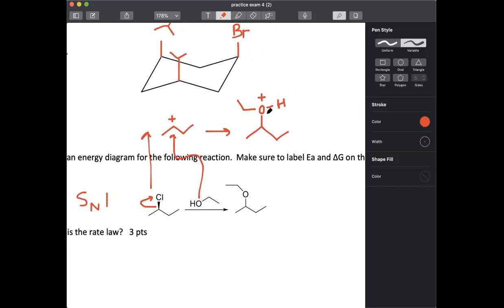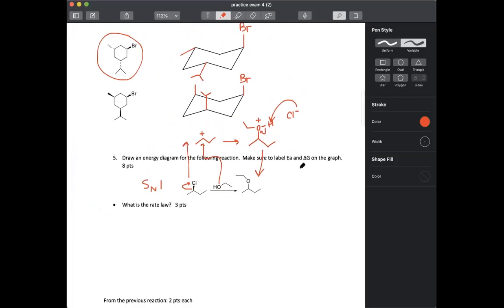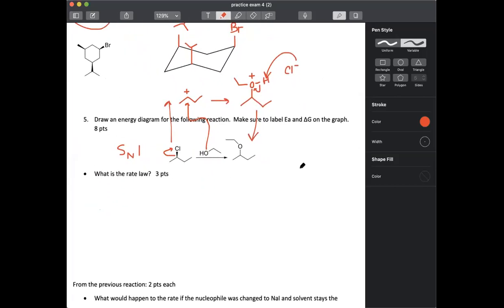Yeah, we deprotonate, right? Because we can't leave it in a charged state. So here, like I said, anything could come in and take that proton. It could be another ethanol, it could be chlorine, right? You form that, okay? So we have 1, 2, 3 yield arrows, right? So that means we have 3 humps, okay? We have 3 humps on our diagram.